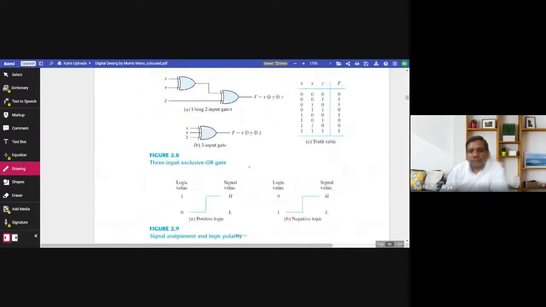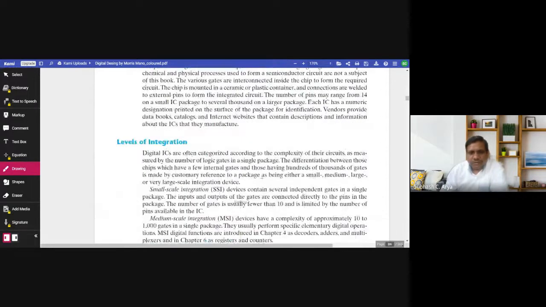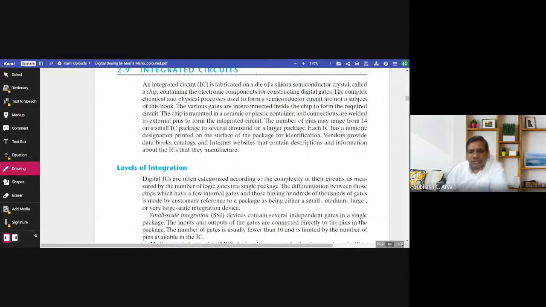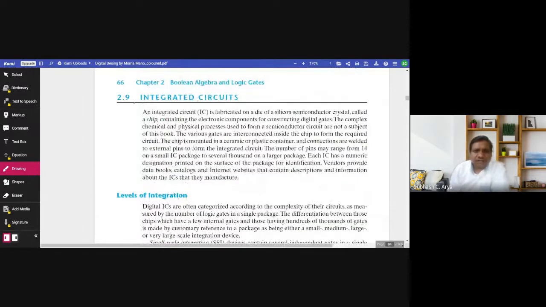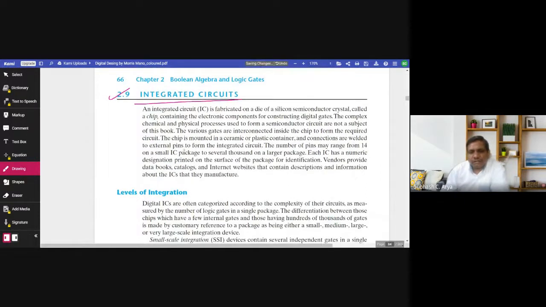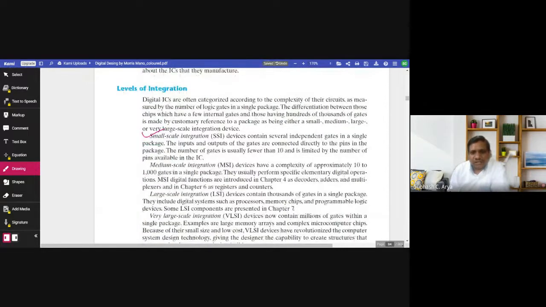We can now move to the Karnaugh map method of minimizing the logic gates. As general knowledge, integrated circuits are covered in unit 4. In the context of logic families, in digital logic we have small scale integration, medium scale integration, large scale integration, and very large scale integration.